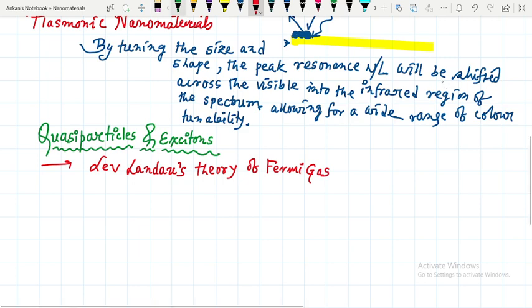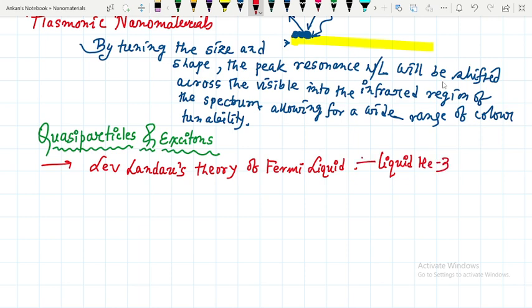But sorry, I have also written Fermi gas. It is not Fermi gas, it is Fermi liquid. So the idea of quasi-particle originated in Lev Landau's theory of Fermi liquid, which was originally invented for studying liquid helium-3.